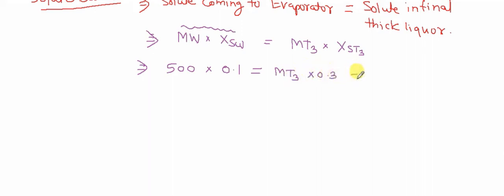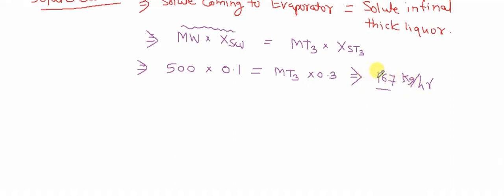The solution of this first equation gives the value of MT3, and MT3 comes to 167 kg per hour. I take a round figure, so MT3 is 167 kg per hour, the final thick liquor flow rate.